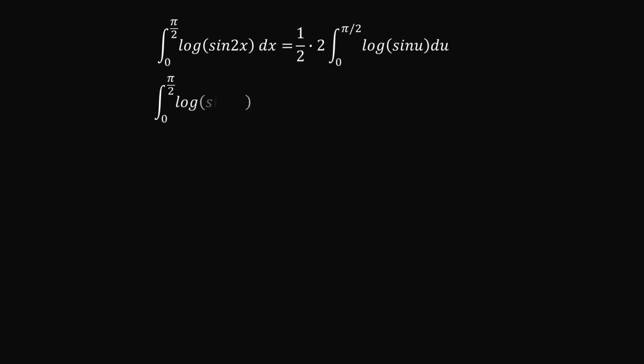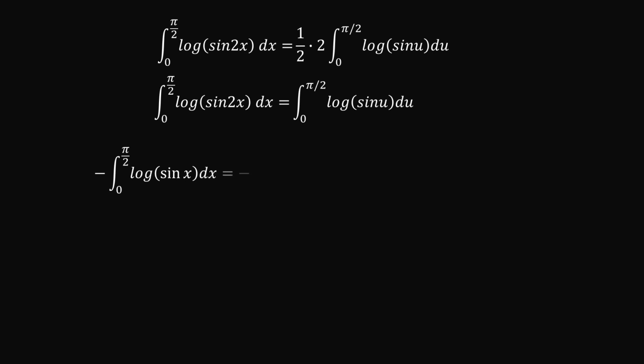Then we go further now to utilize that expression, since we found out that the integral of log of sine 2x from 0 to pi over 2 is the same as the integral of log of sine u from 0 to pi over 2. That means that the integral of log of sine 2x is the same as the integral of log of sine x from 0 to pi over 2.